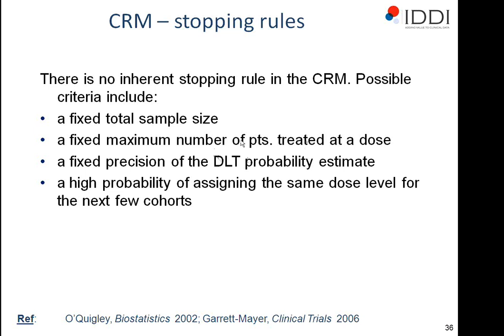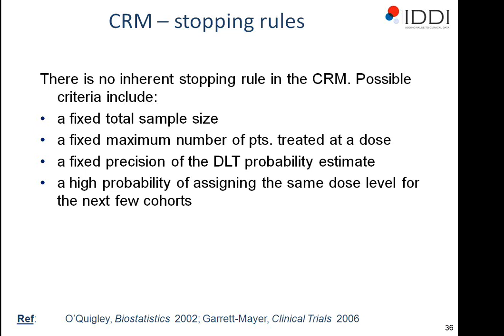There may also be a fixed maximum number of patients treated at a particular dose or at the MTD, so you may require that you want to have at least, I don't know, 8 patients treated at the MTD. There are also more advanced rules, like for instance a fixed precision of the DLT probability estimate may be sought, so you might want to stop the trial when you achieve a particular precision on the DLT probability at your MTD.